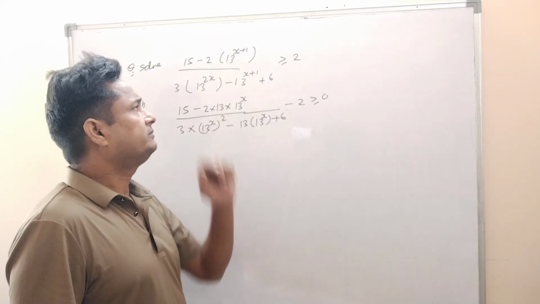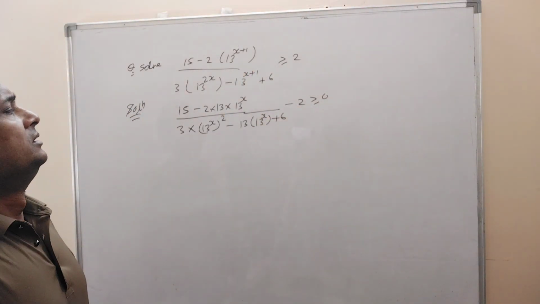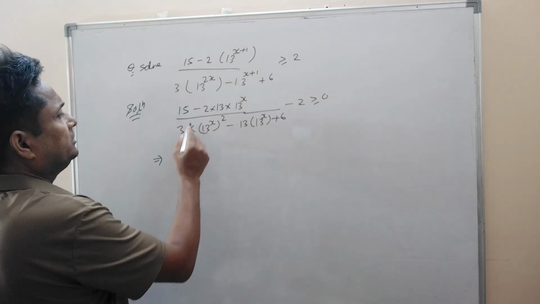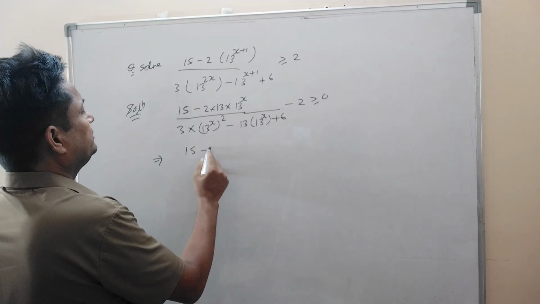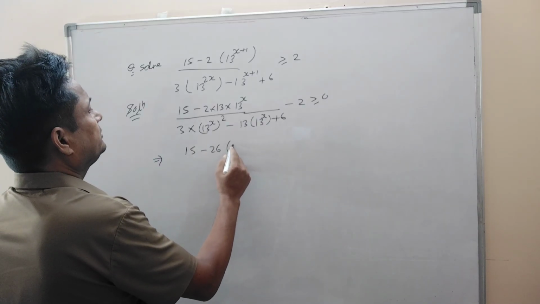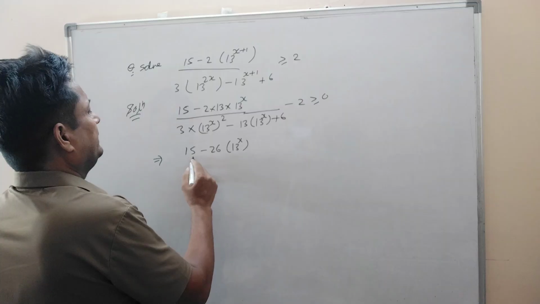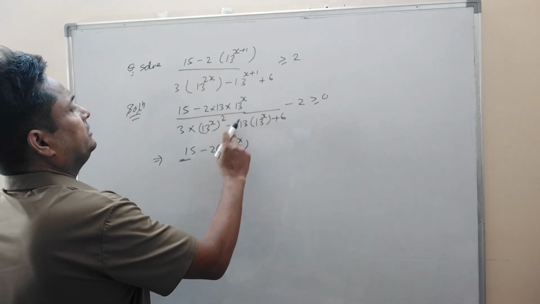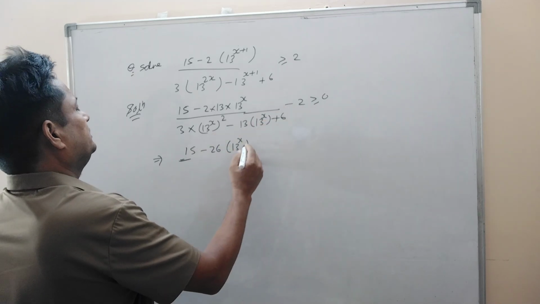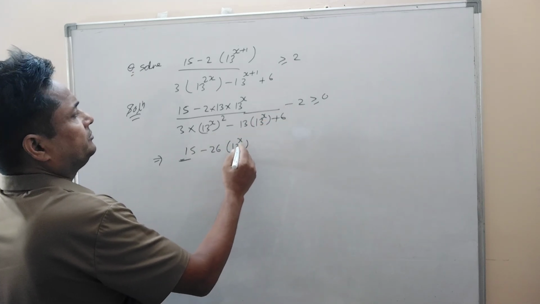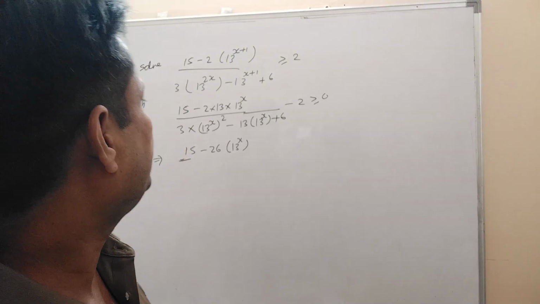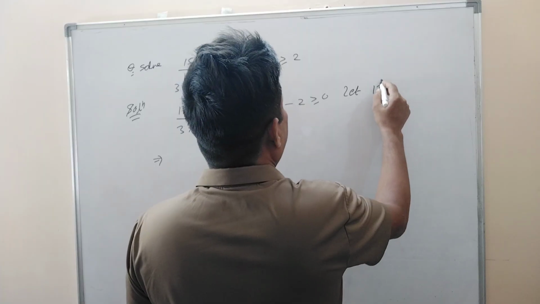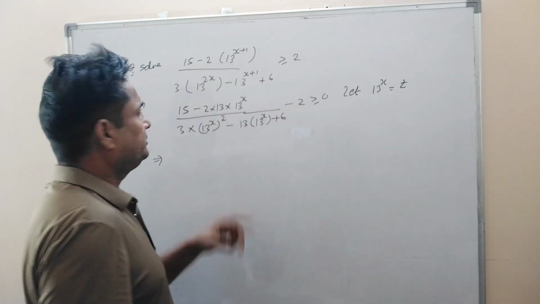Take this term to left hand side. So this can be written as 15 minus 26 into 13 to the power x, divided by, and take LCM here. It's better to substitute 13 to the power x is equal to t. Let 13 to the power x be t. Substitute here.